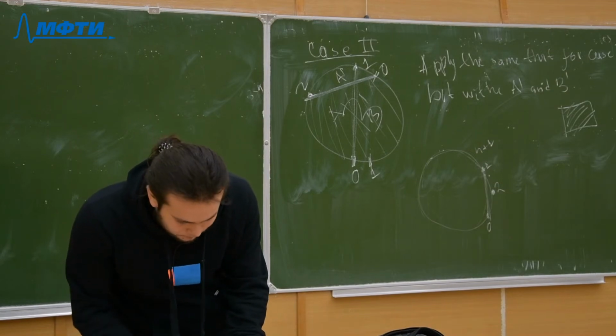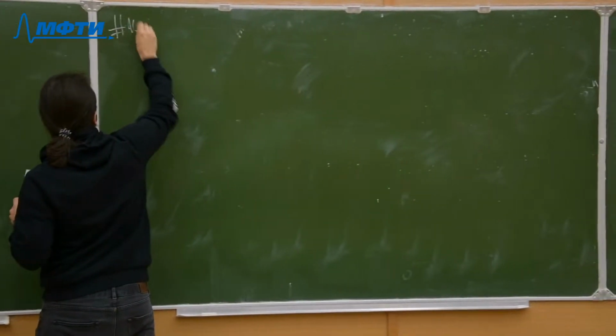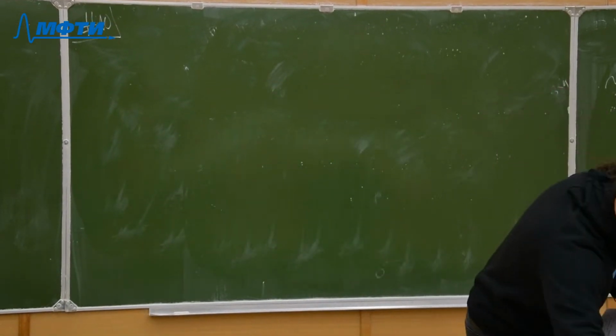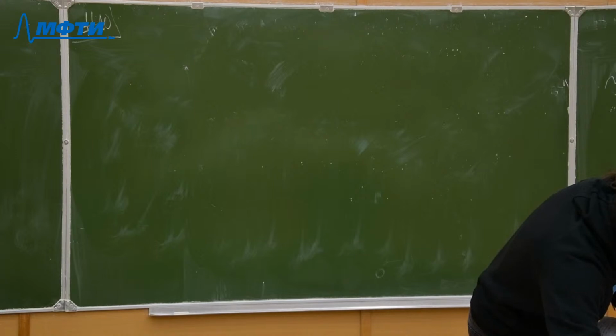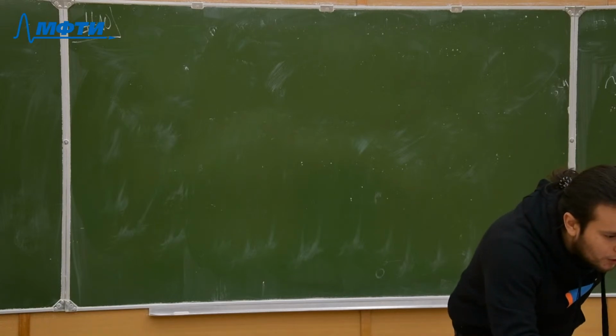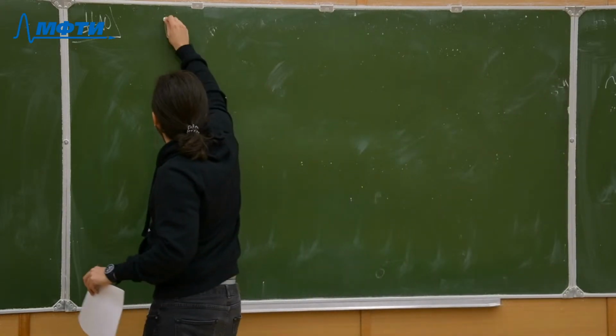Okay, number 10. Let me find it. So each member of a parliament has no more than 3 enemies in the chamber. Okay, so we have members of the parliament. Let's call them MP.